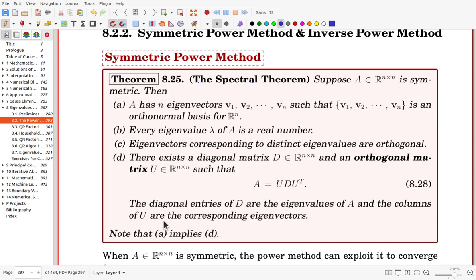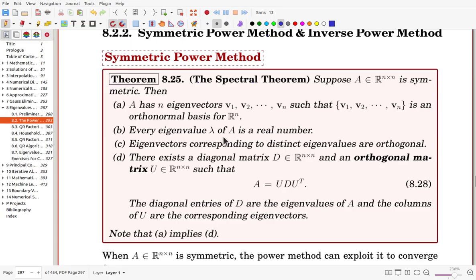A has n eigenvectors, v1 to vn, such that the set of eigenvectors is an orthonormal basis for Rn, which means that, first of all, these eigenvectors are linearly independent, and we can orthogonalize and normalize to get an orthonormal basis for Rn.